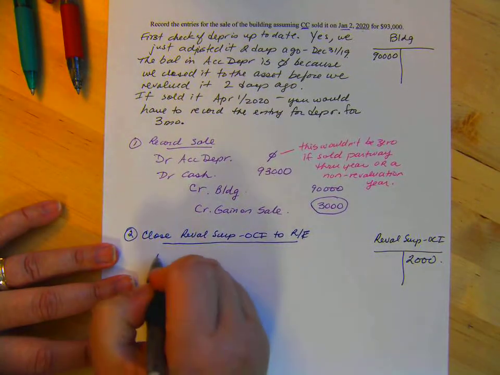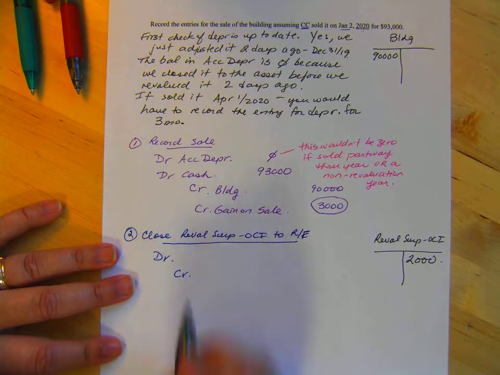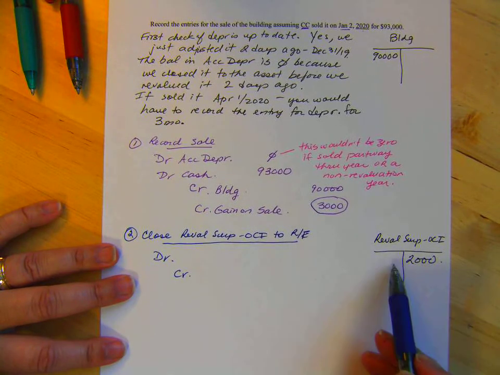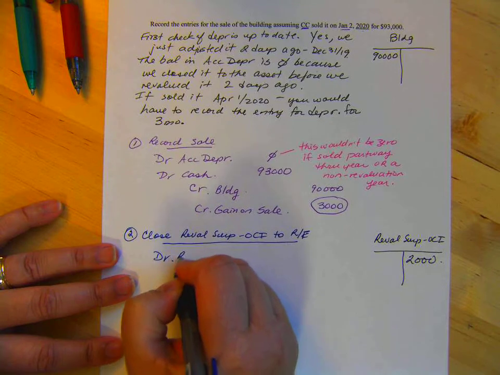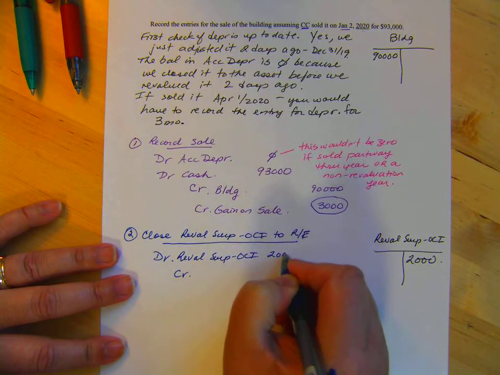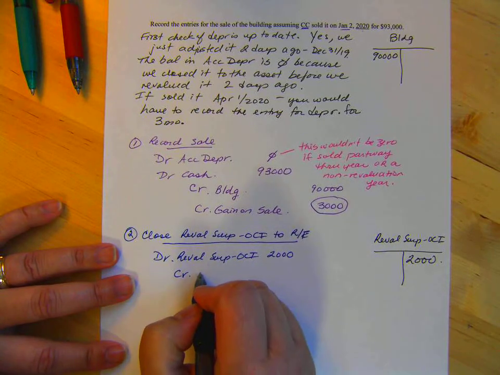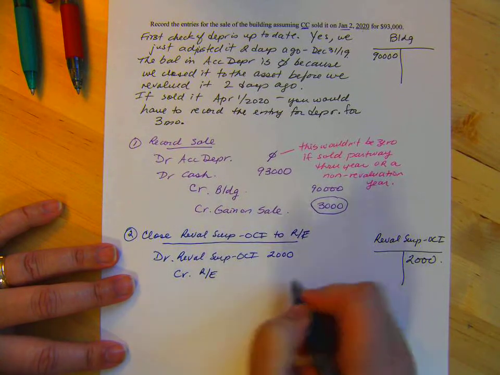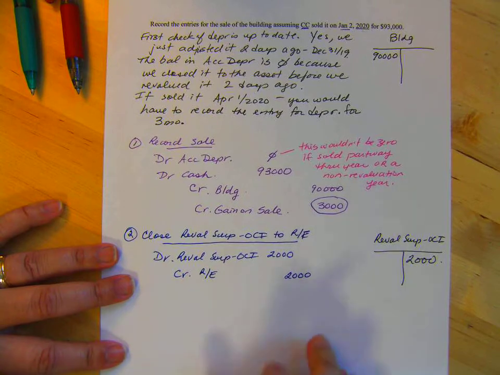So, to close revaluation surplus OCI, you've got to debit it. And then we credit retained earnings for 2,000.